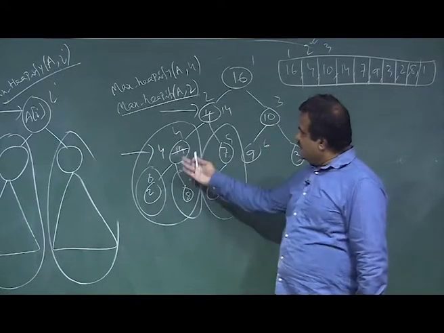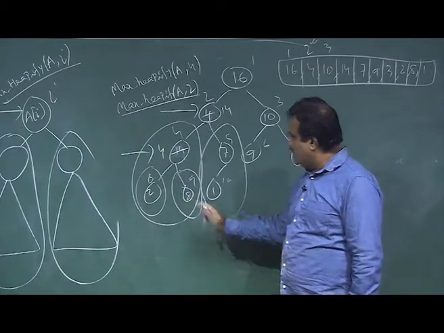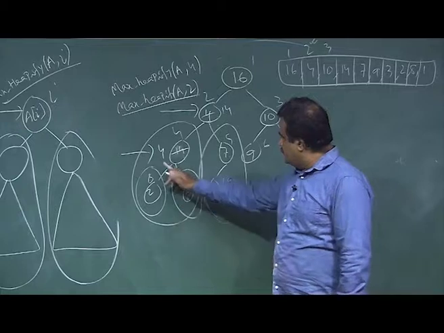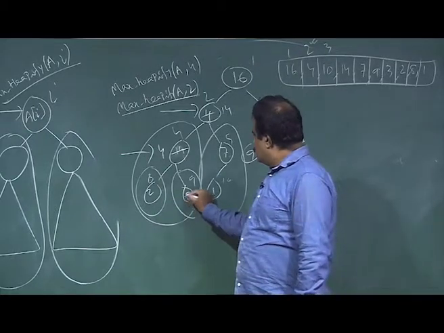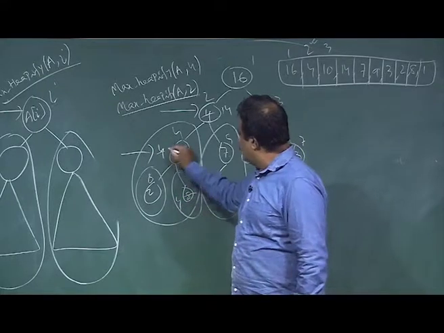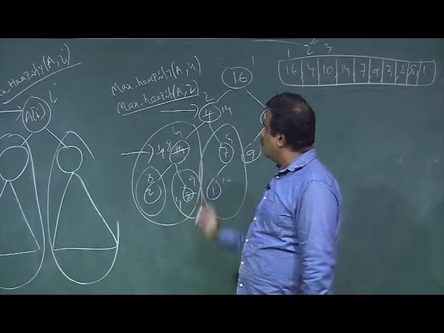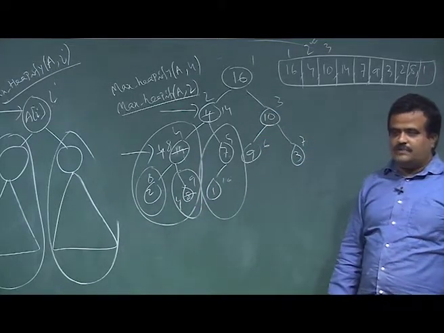So, we may have a single violation. Yes, there is a violation because this is less than 8. So, what we do? Again we replace this by the maximum of these two. So, 8 is the maximum, so 4 will come here and 8 will go up. Now this is the leaf node. So, we stop. This is the maxify operation, the maxify subroutine.